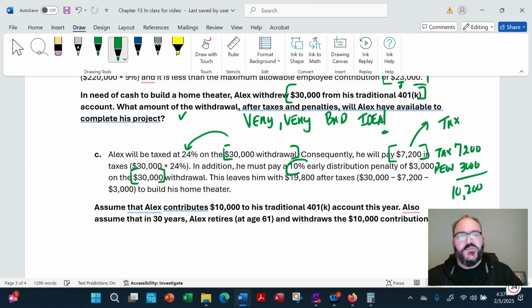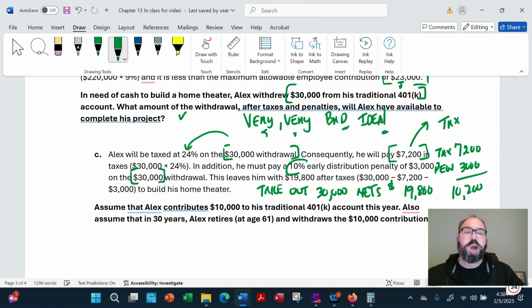So if he takes out 30, he nets $19,800. Very, very bad idea.